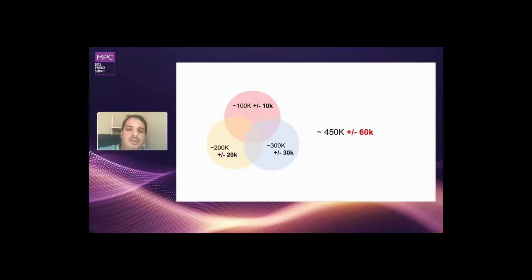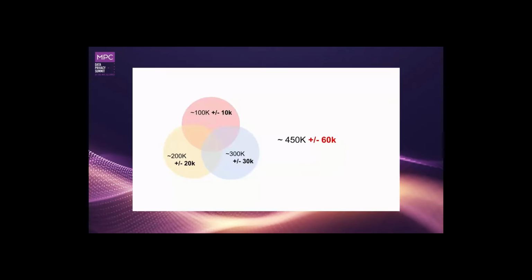The problem is, we want to use differential privacy. Differential privacy is really a promise that we make to the users to minimize the risk of identification. And the way differential privacy is usually implemented is by adding noise to the data.